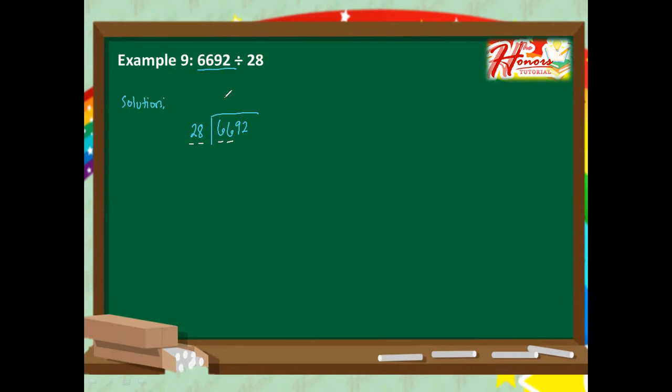And that is equal to 2. How did we get 2? It is because we use tables of 28. So 28 times 1 is equal to 28. 28 times 2 is equal to 56. And 28 times 3 is equal to 84.